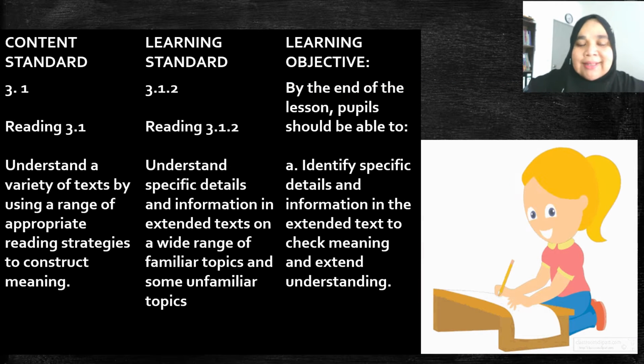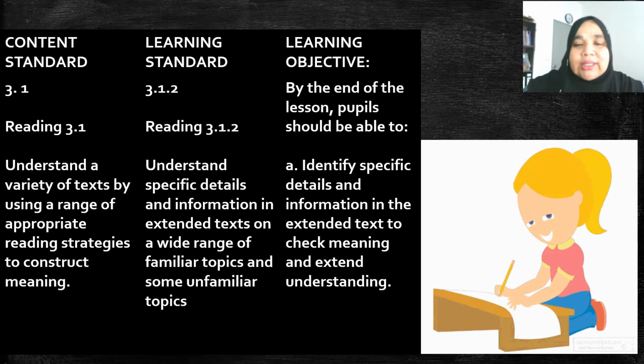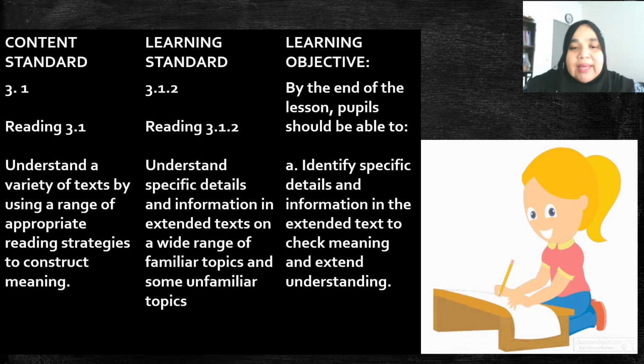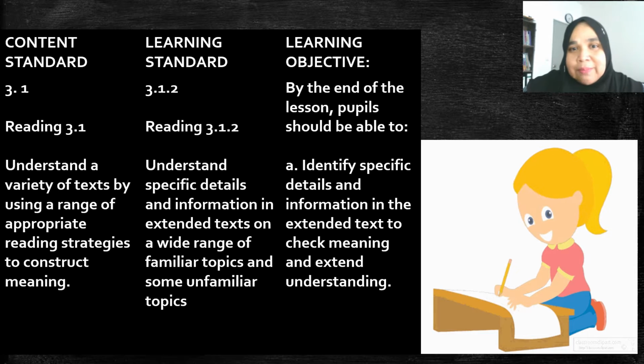Okay, the content standard for today's lesson is Reading 3.1, understanding a variety of texts by using a range of appropriate reading strategies to construct meaning. The learning standard is Reading 3.1.2, understand specific details and information in extended text on a wide range of familiar topics and some unfamiliar topics.